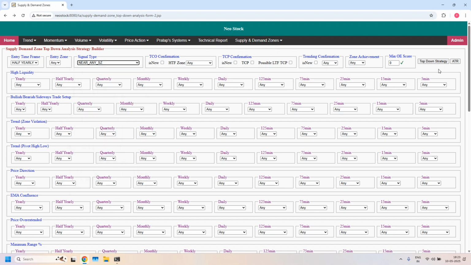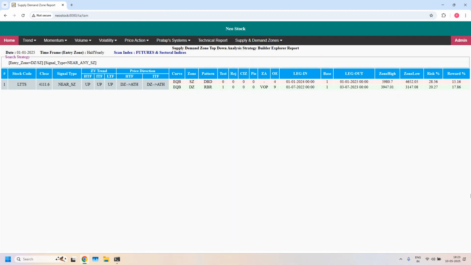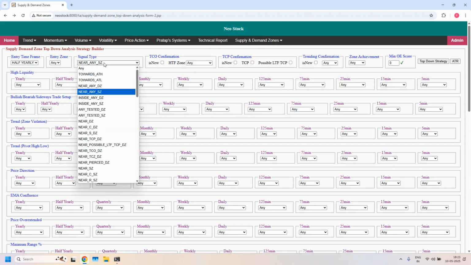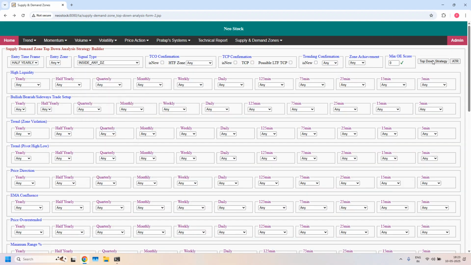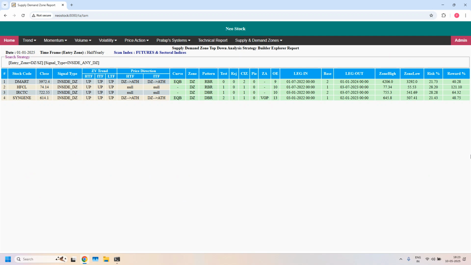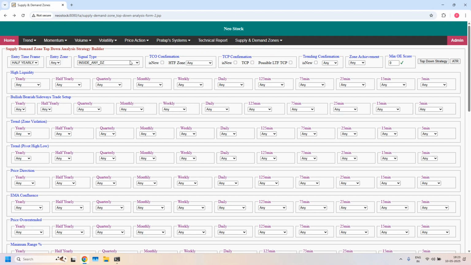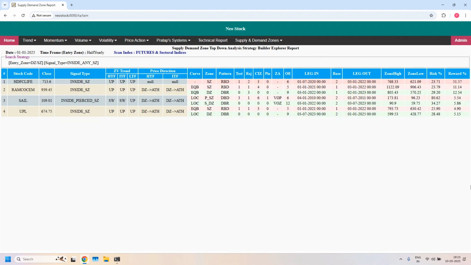Near to the half yearly supply zone, 1 stock is filtered. Next, price closed inside the half yearly demand zone, we got 4 stocks. Next, price closed inside the half yearly supply zone, we got 4 stocks.